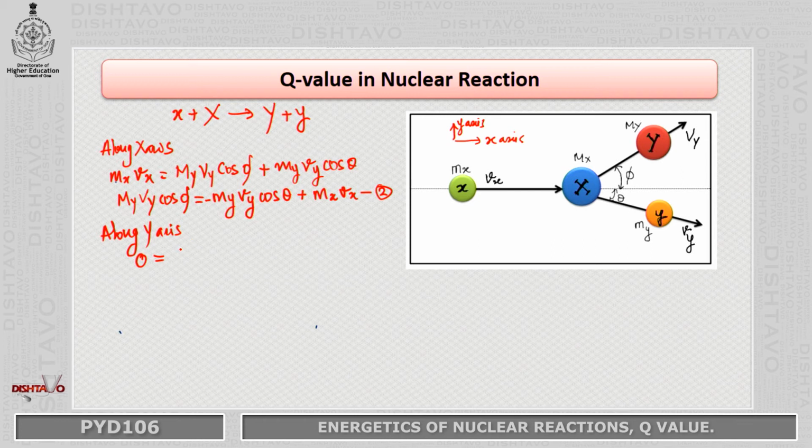That will be my Vy cos of, now the sine component will come as it is the perpendicular component, sine phi, minus, because the product particle is going in the negative y direction. This will be my vy sine of theta.